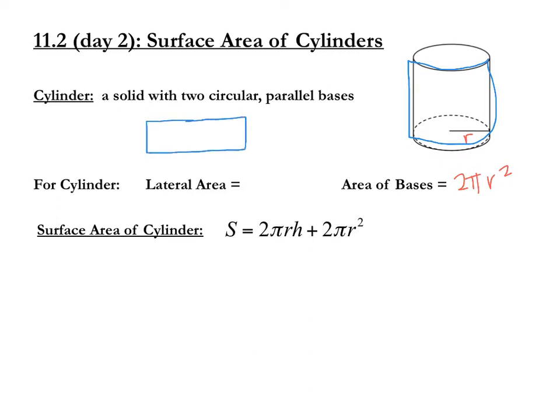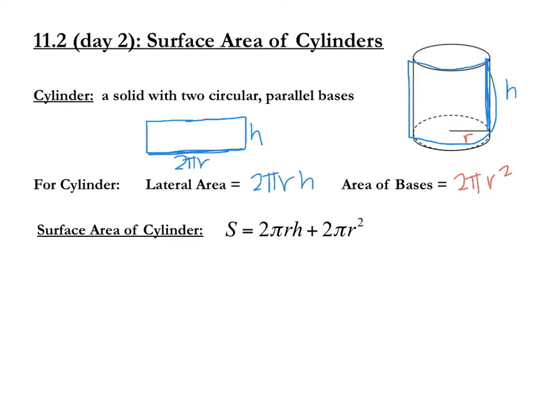If you think of unwrapping that, the bottom part of the rectangle is what goes all the way around the circle. So that would be the circumference, 2 pi r. And then the height of the cylinder is also the height of this rectangle, so we're going to call that h. That's where the lateral area comes from.